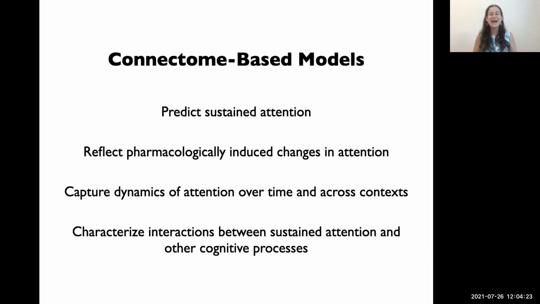So today, I've argued that we can use functional connectivity-based models to predict individual differences in sustained attention and to capture changes in attention over time, changes that are due to pharmacological manipulation, but also changes that occur more naturally as we perform attention tasks or listen to stories or watch movies. I've also shown some initial evidence that signatures of sustained attention have consequences beyond in-the-moment task performance, specifically impacting what we later remember.